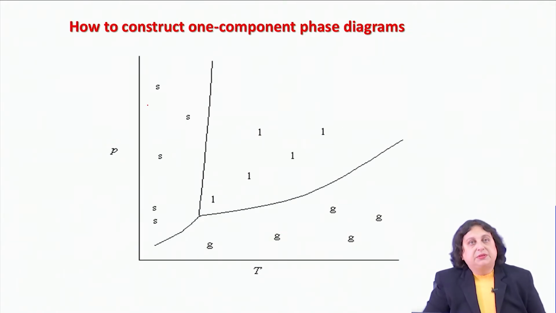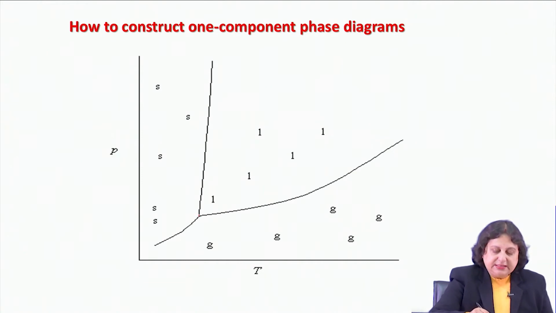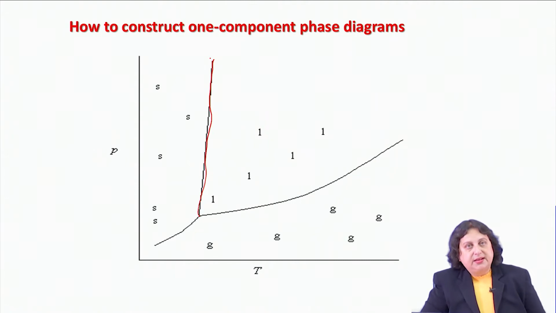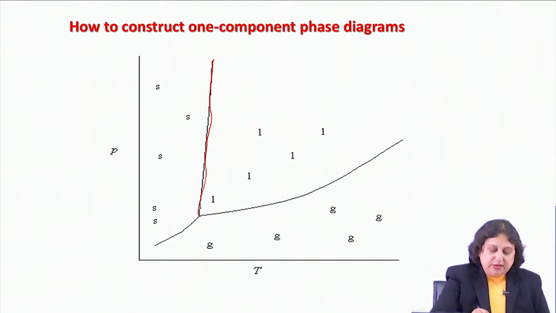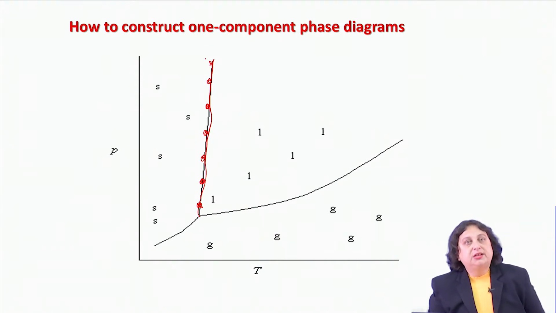So, for this purpose, I will add some more details into this diagram. And here the details are as follows. For example, let me take this particular line. So what does this line signify? It tells me that along each point on this line, I have the condition of temperature and pressure at which the solid and the liquid phase can coexist at equilibrium.